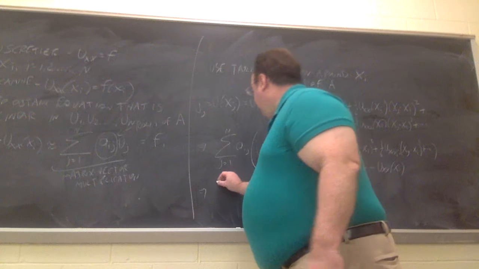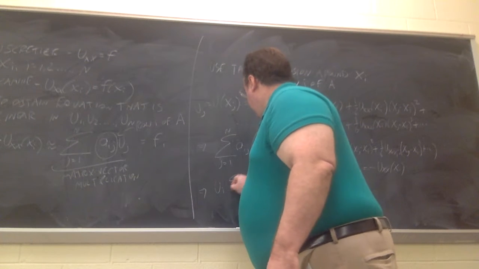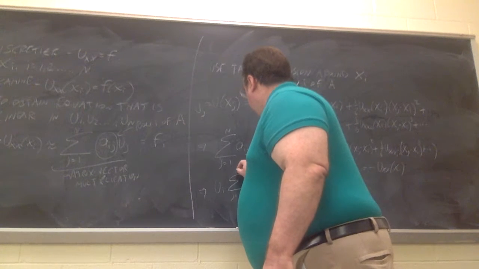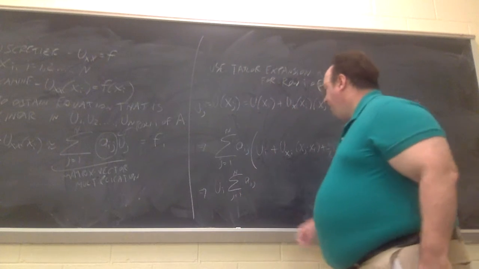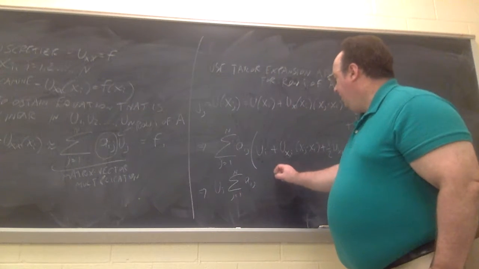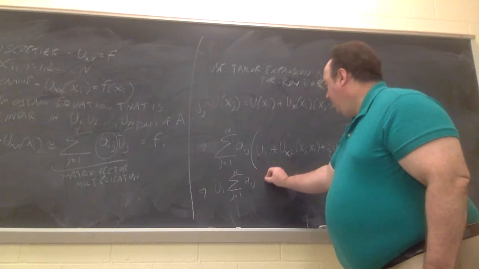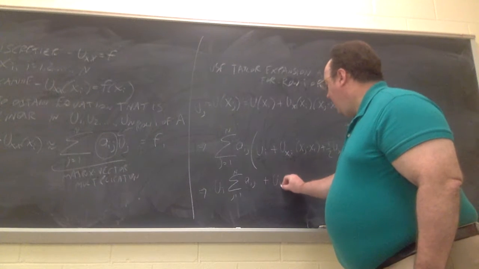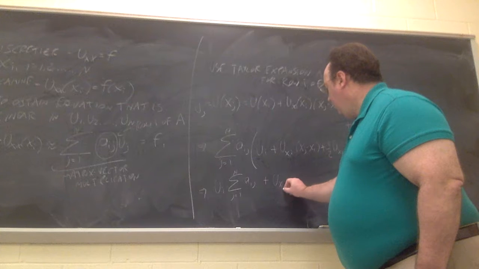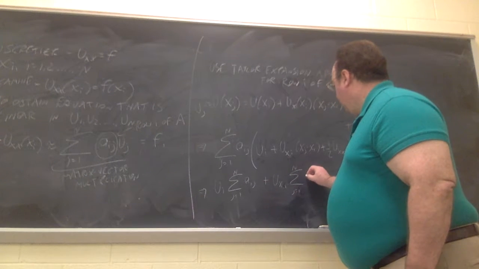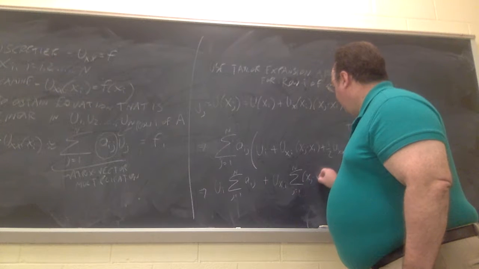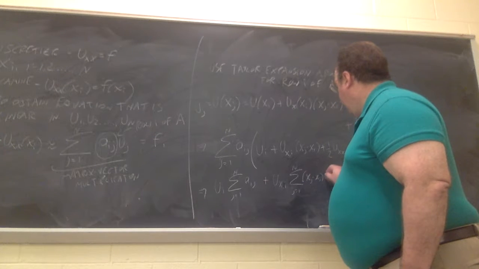So I'm going to have ui times the sum of aij. That accounts for this part. Then I'm going to have uxi times the sum of xj minus xi times aij.